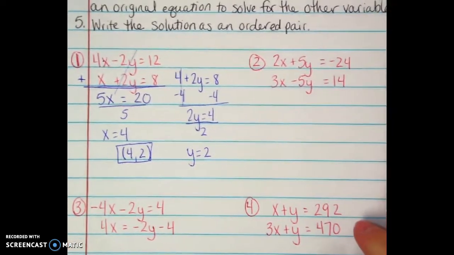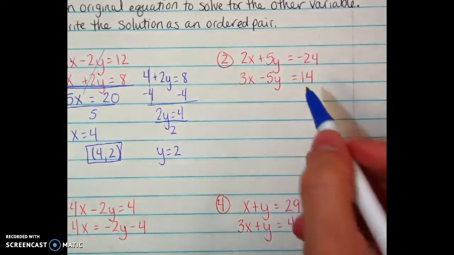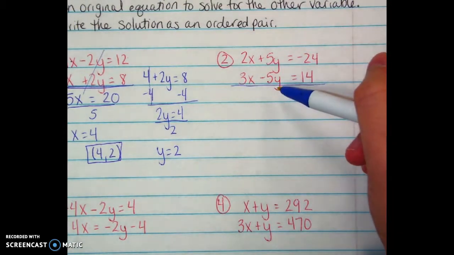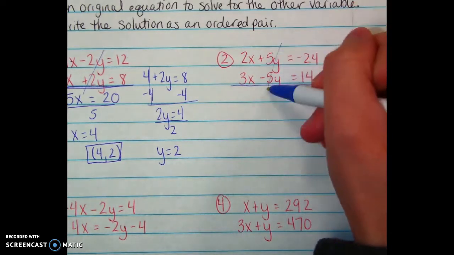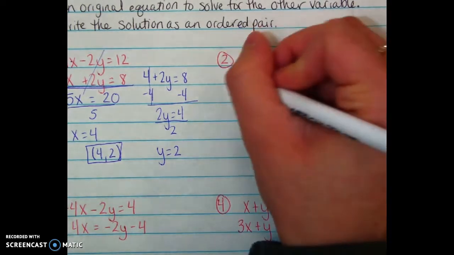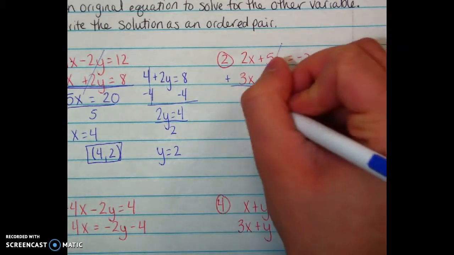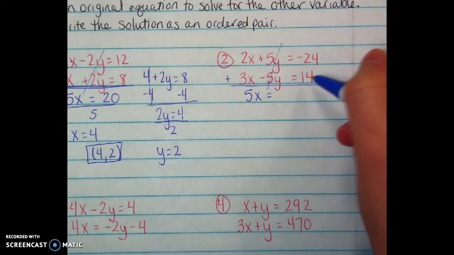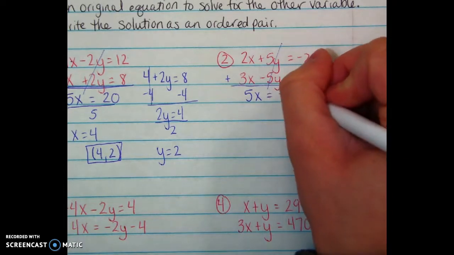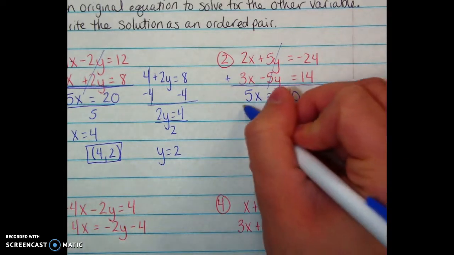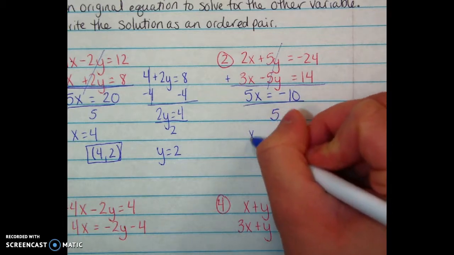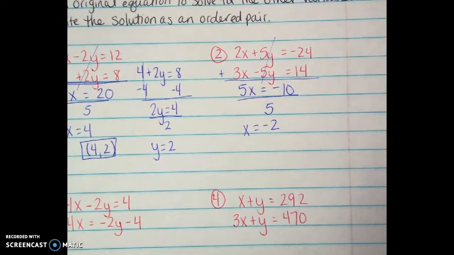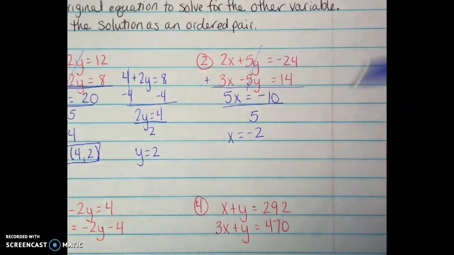Okay, let's look at another one. Here I have opposite coefficients with the positive 5y and the negative 5y. So those are gone. 2x plus 3x is 5x. And that equals, let's see, negative 24 plus 14 is negative 10. Divide by 5, x equals negative 2. I'm going to substitute it into either of these equations. I'll substitute it into the top one.